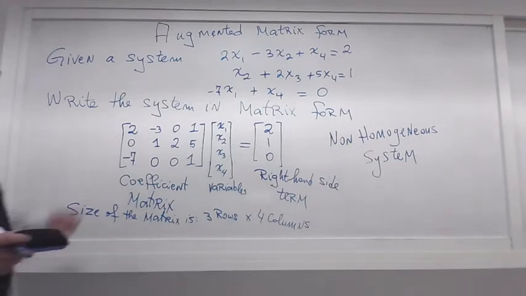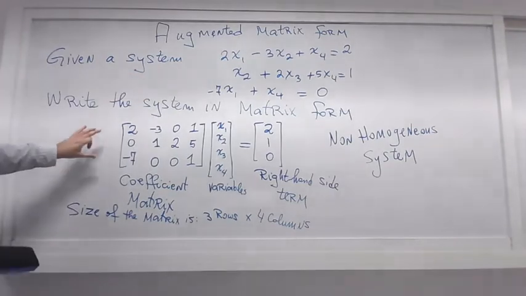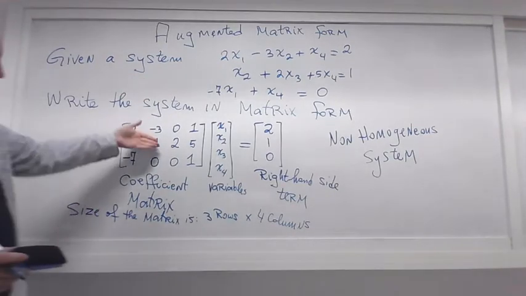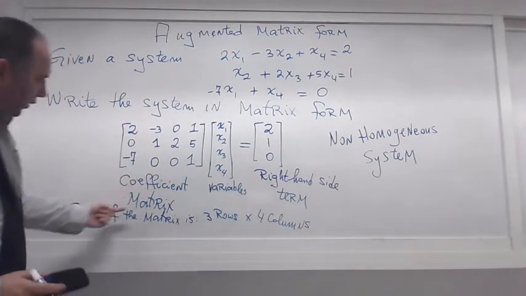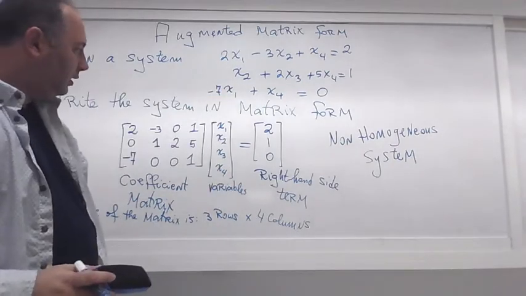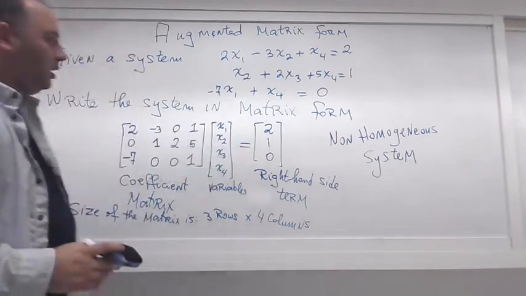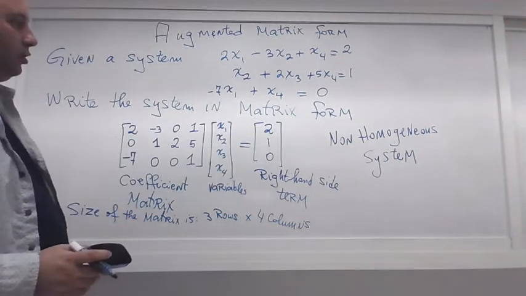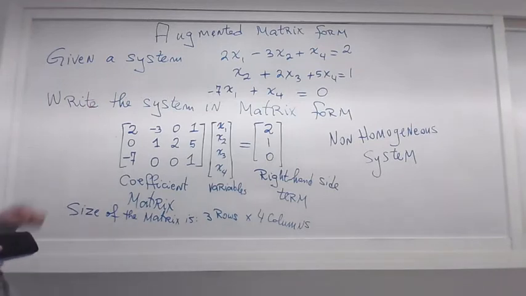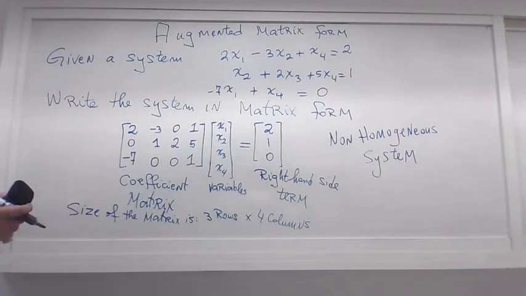How we find a matrix form from a system. We have a matrix containing coefficients called the coefficient matrix, then the variables in one vector in correct order, and then we have the right hand side member in correct order also. So let's say I have this and I want to write this in augmented matrix form.